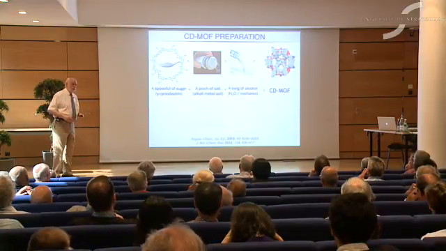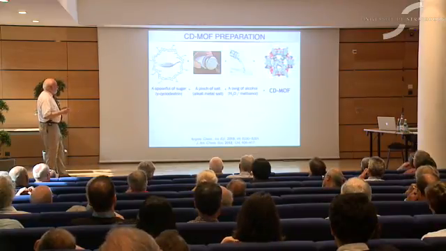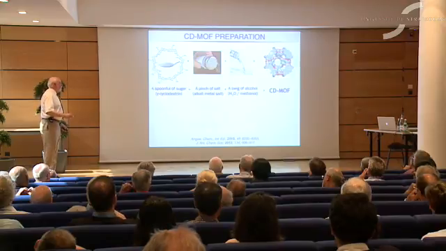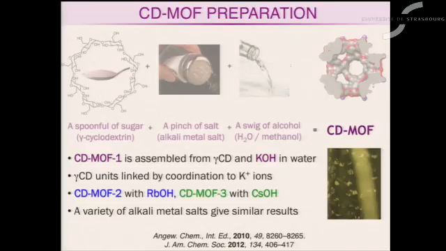And all of this can be visited to do a lot of very interesting research, even that depends on the whole situation being chiral. So CD-MOF, as we call it, 1 is the potassium salt.